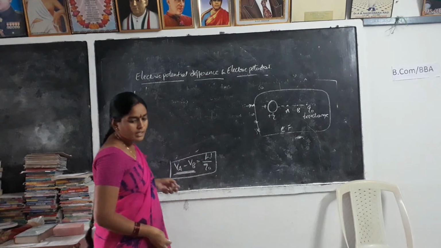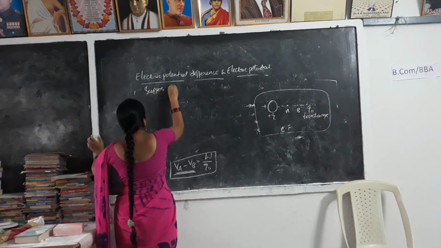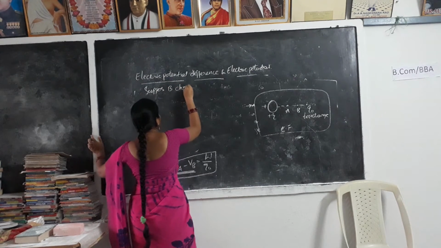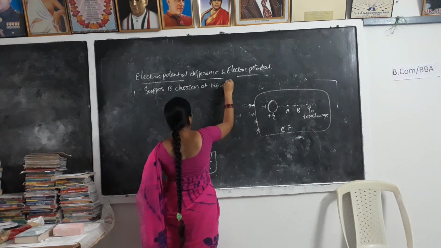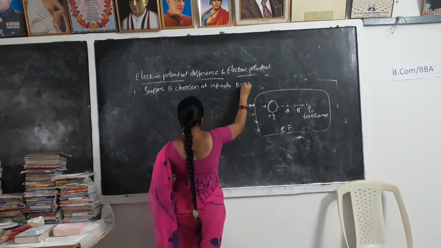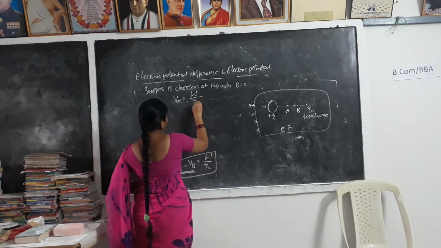Suppose B is chosen at infinity. That means VB equals 0. Then VA equals W by Q naught.